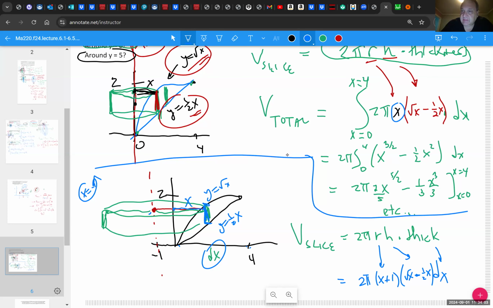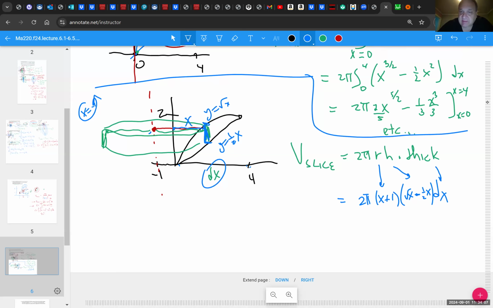Then to find the total volume, instead of just finding the volume of that slice, all we do is integrate it over the span of x values for our region. Our region goes from here to here. The x values go from 0 to 4. I know there's a -1 there, but remember, it's talking about our slices, and the leftmost slice of our region is over here at 0.